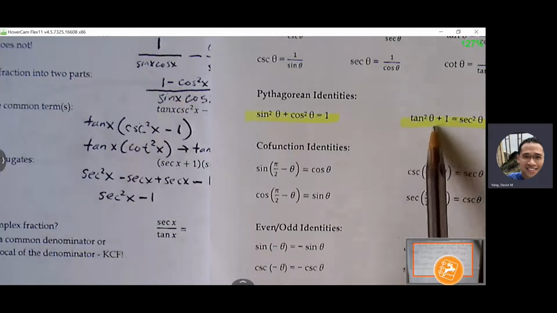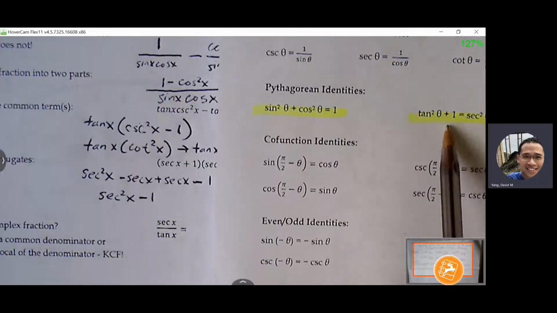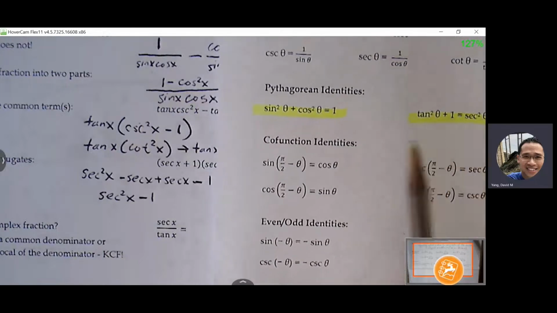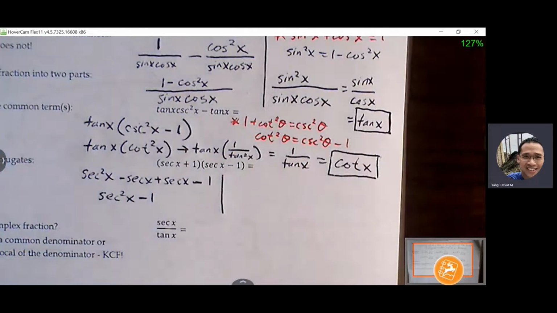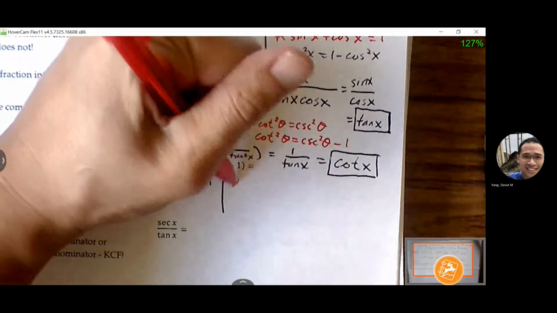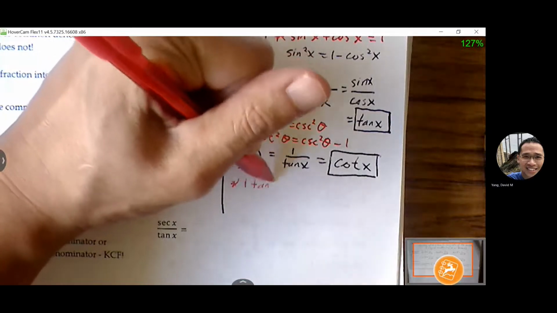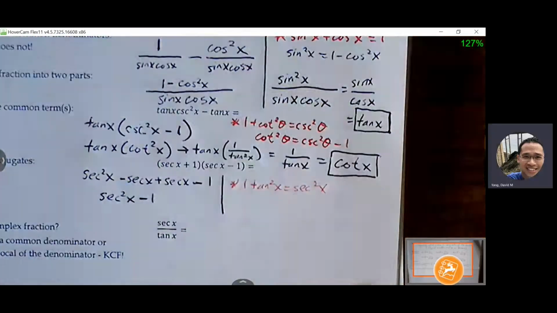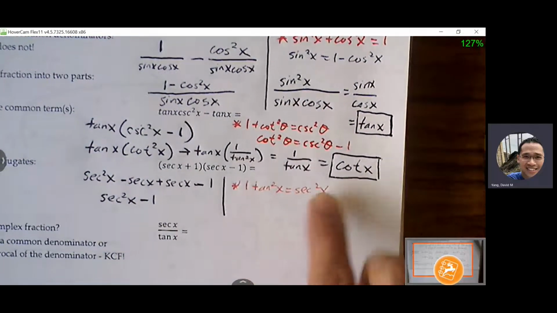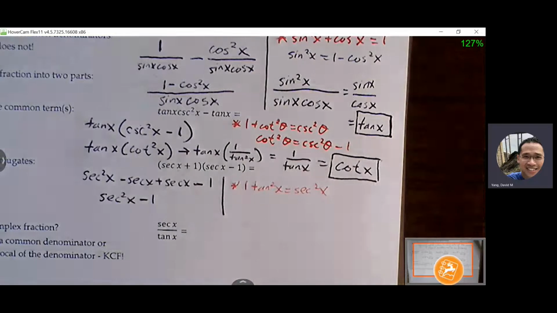Yeah, we have that tangent squared plus 1 equals secant squared, right? So if I rearrange it, maybe I can find a replacement for that secant squared x minus 1. If I subtracted 1 from both sides, secant squared x minus 1 is the same thing as tangent squared x.